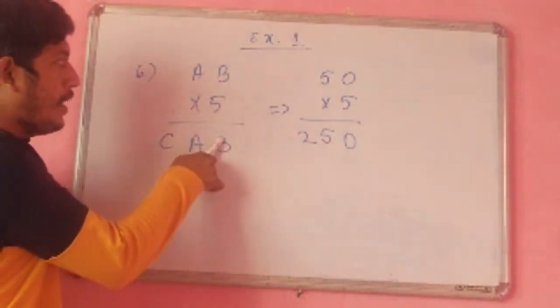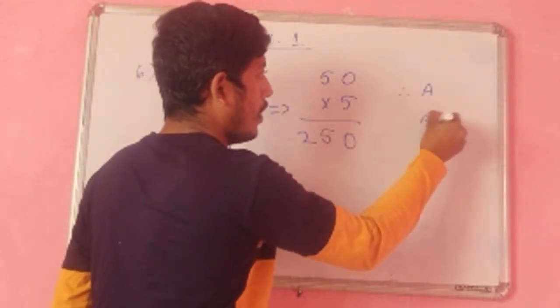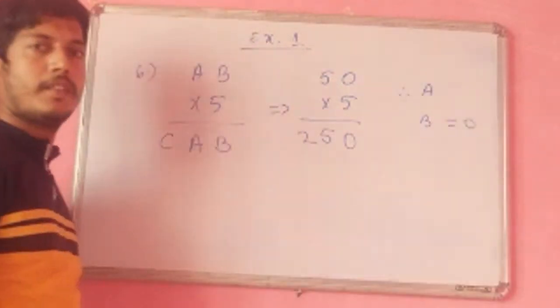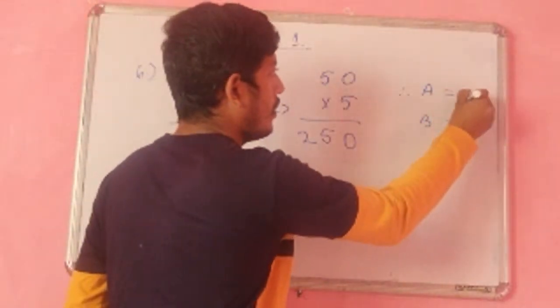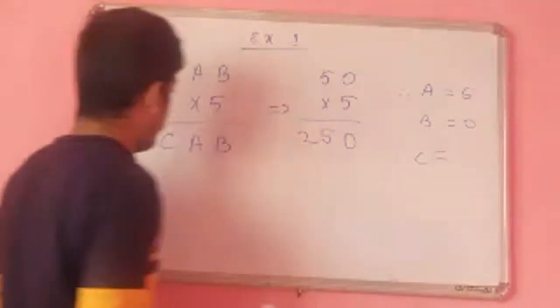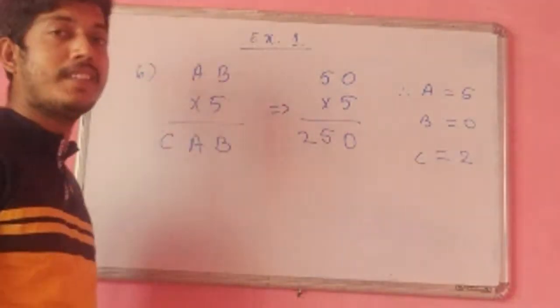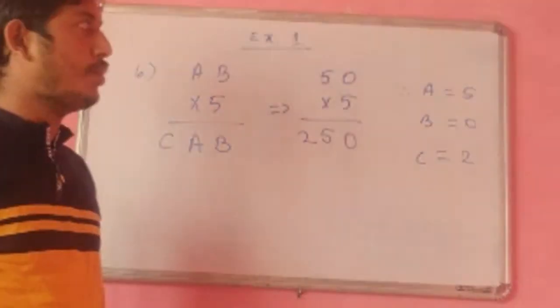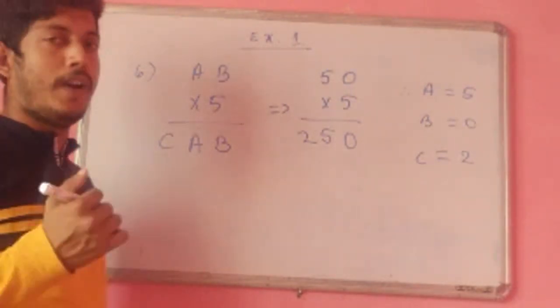So see here, B value is how much? 0. And then A value, in the place of A, what is present? 5. And C value is 2. Therefore, your value of A is 5, value of B is 0, and value of C is 2.